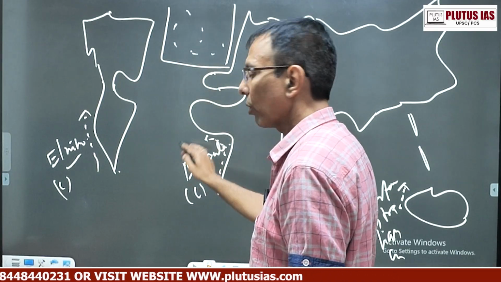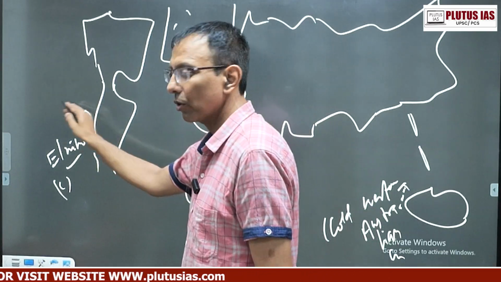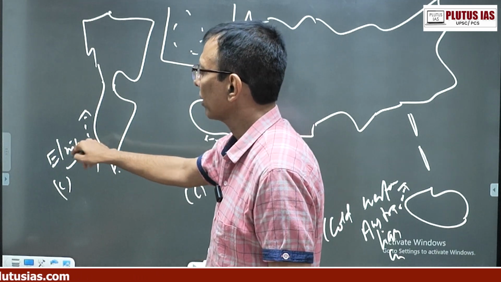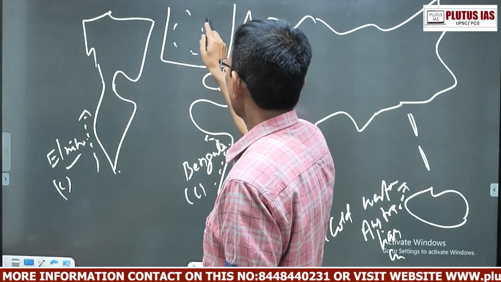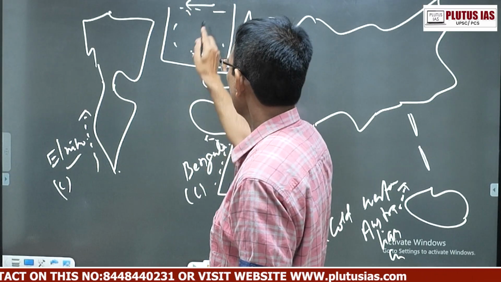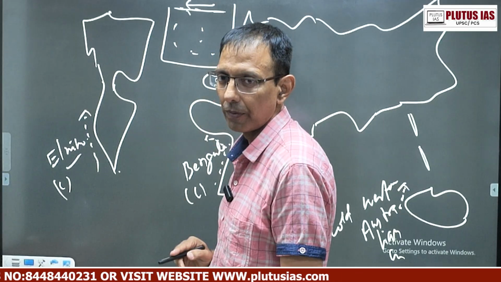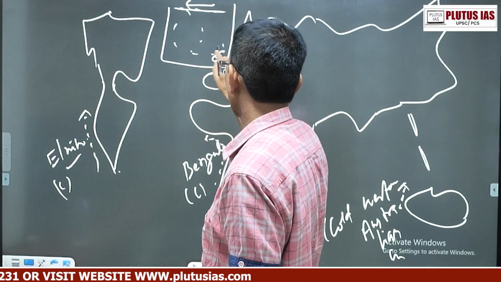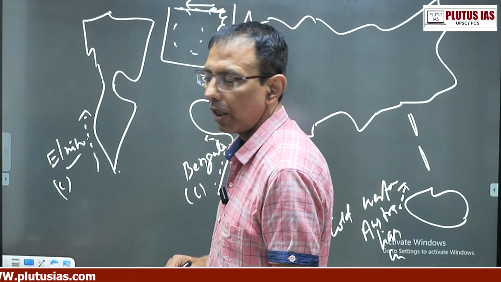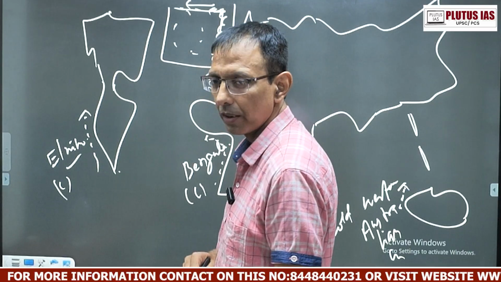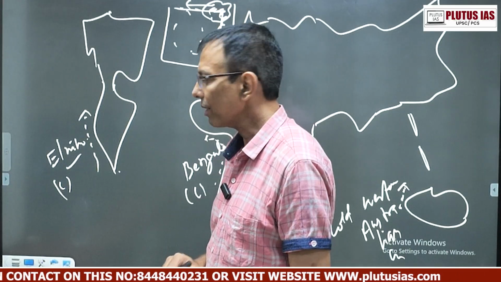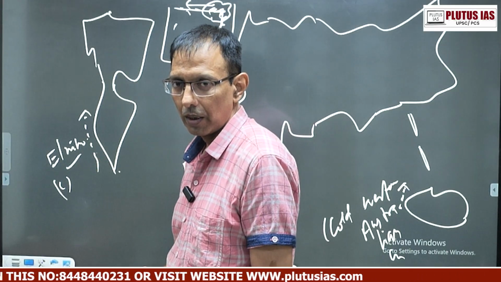Suppose this is the ocean bottom, this is the ocean, top to bottom structure. So the top level is occupied by El Nino. If some kind of force is exerted over the surface water, then the lower cold water will come to the surface, upwell to the surface, and will occupy the surface as a cold current.